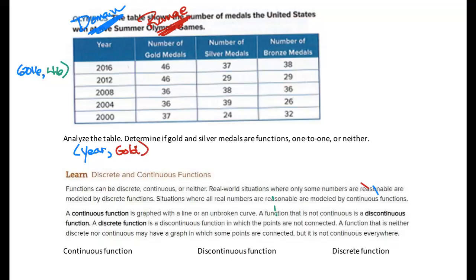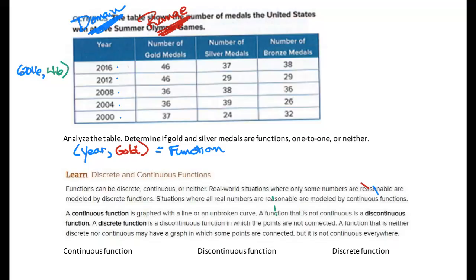First of all, is that a function? As you check down here, you're like 2016, 2012, 2008, 2004, 2000. Is that a function? Yeah, because each of those is representing a different Olympic year. So it is a function.